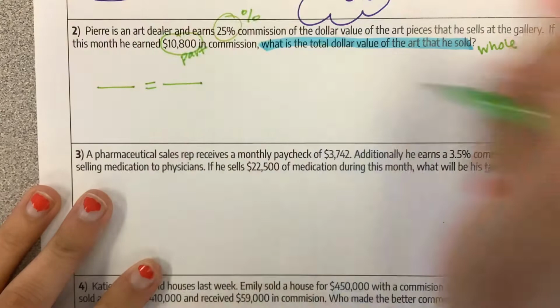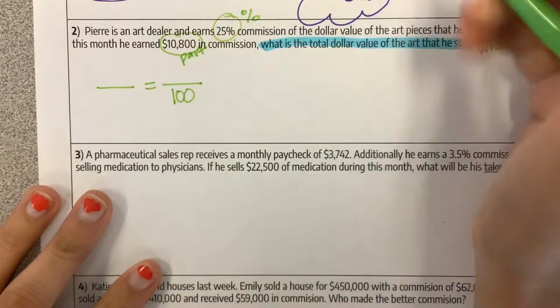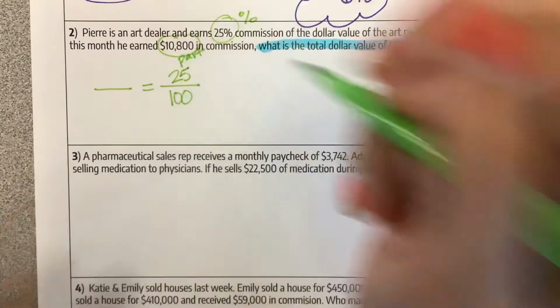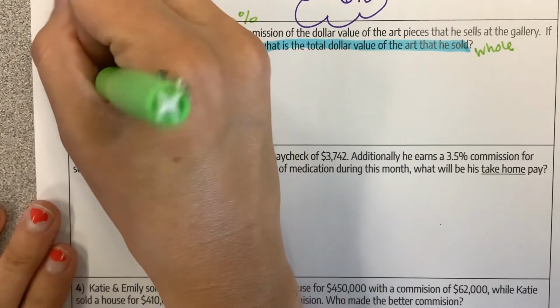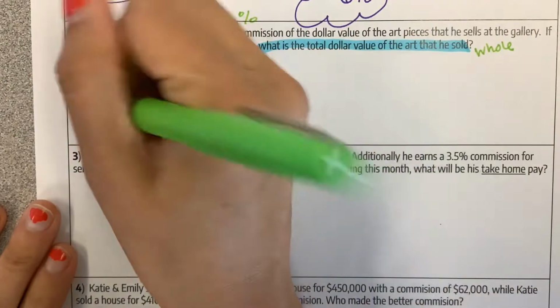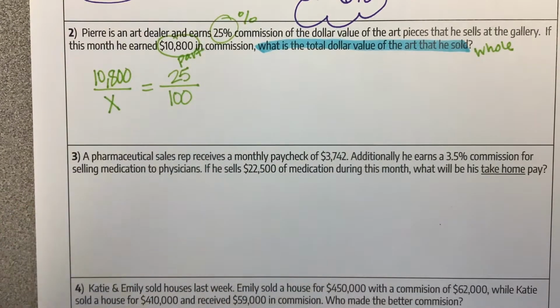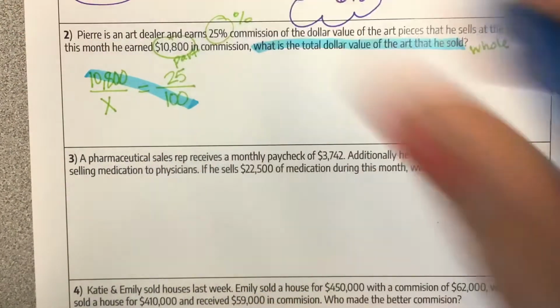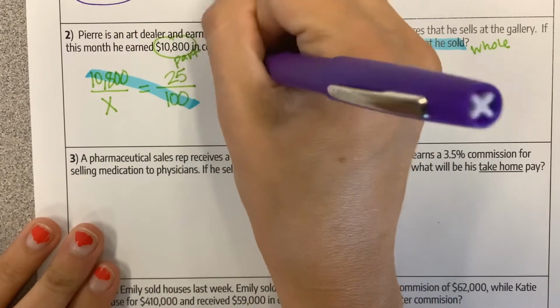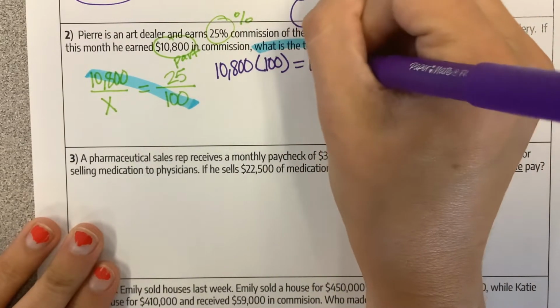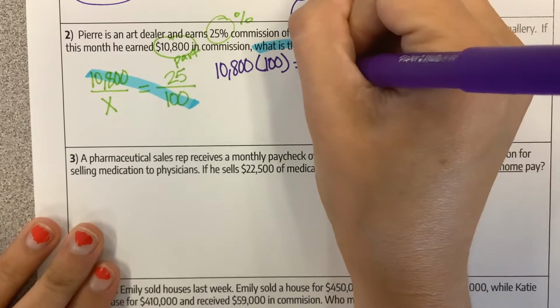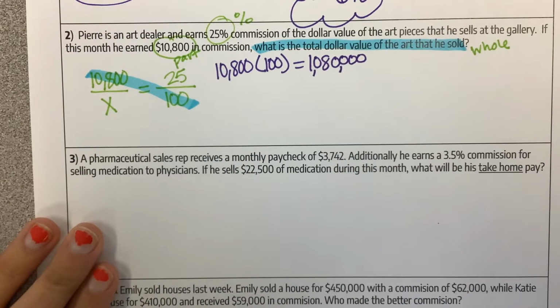So plugging this into a percent proportion. We know that the commission rate is 25%, so that is our percent in our percent proportion. The commission that he earned is the part, so $10,800 is what he earned. We want to know what is the whole value of all of the art that he sold. So solving this proportion, I am going to multiply 10,800 times 100 to get 1,080,000.